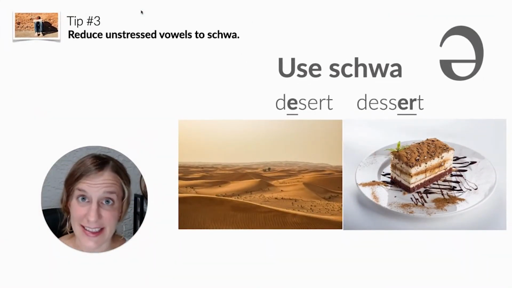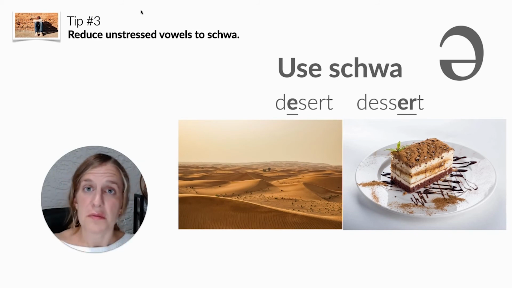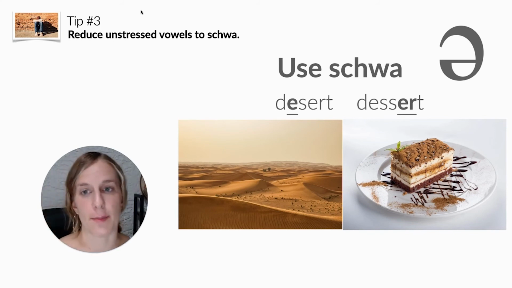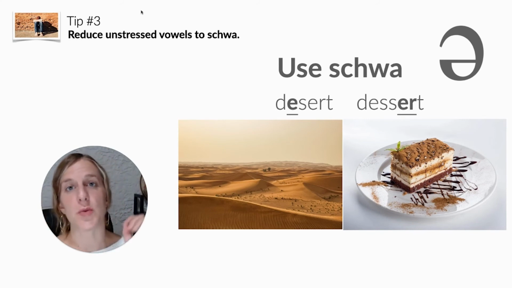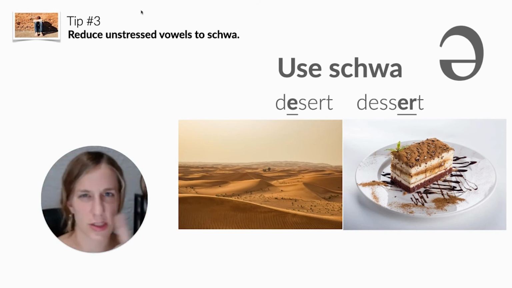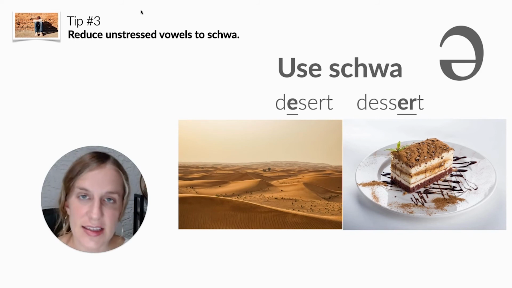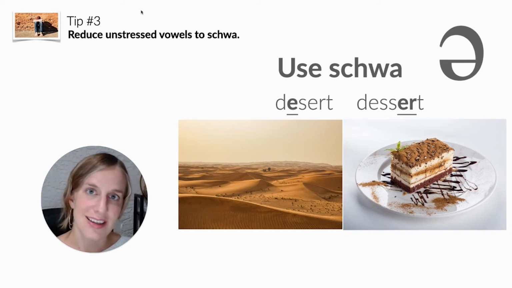In some cases, it is important to use the schwa in order to differentiate two similar words. For example, the difference between desert and dessert is not just where to put the stress. That's important. But even more important is that the word desert does not reduce to schwa.